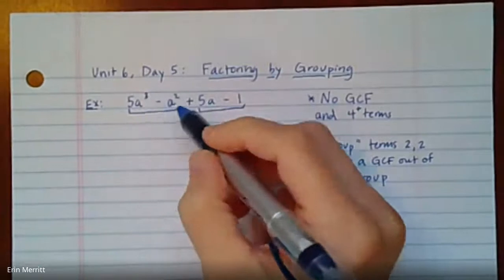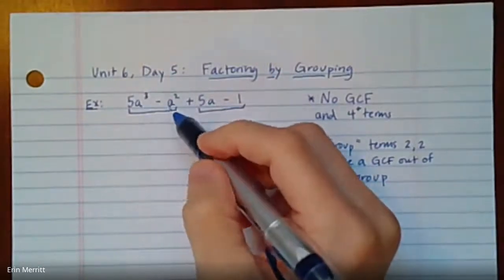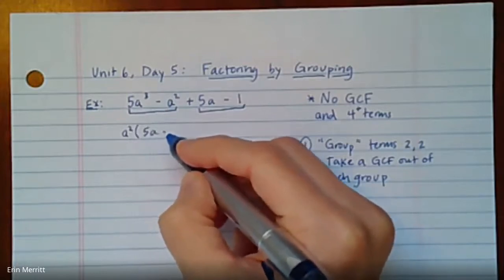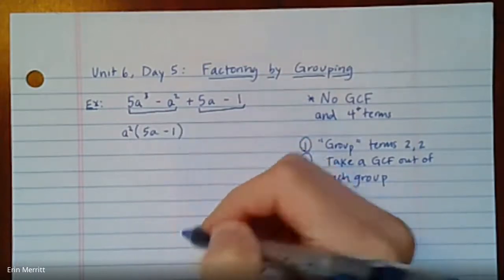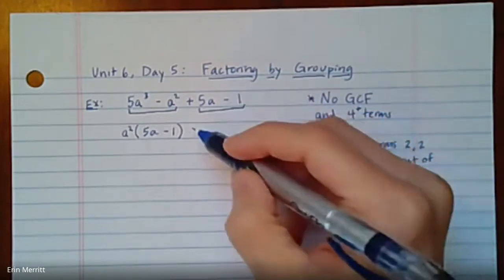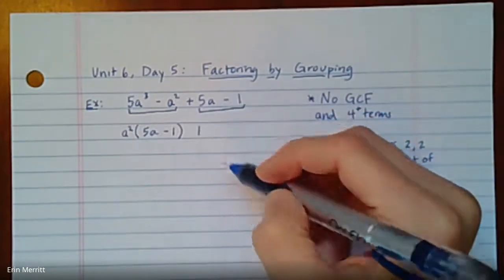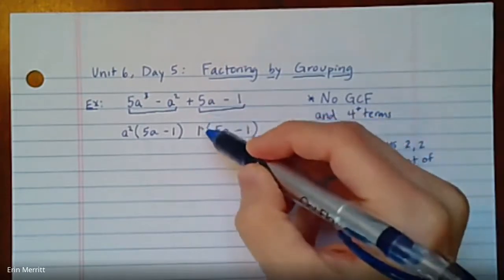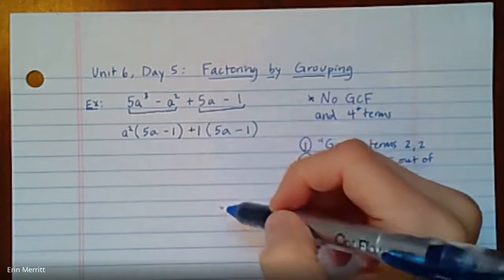So in the first 2, they both have an a squared, so I can take a squared out front, and then I'm left with 5a and then minus 1. In the second 2, I really don't have much for a GCF. So in this case, I can just use a 1 as my GCF, and then I'll be left with 5a minus 1. Because I factor out a positive 1, I'm going to put a little plus sign there.